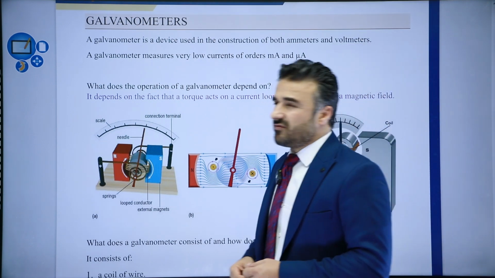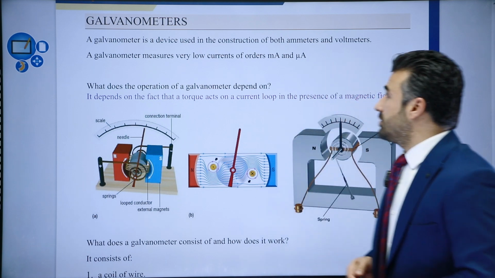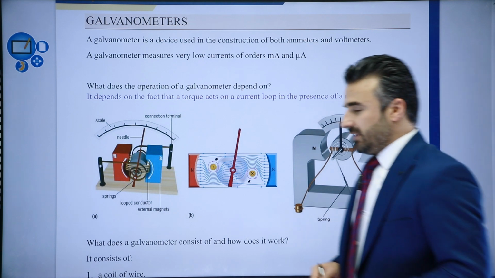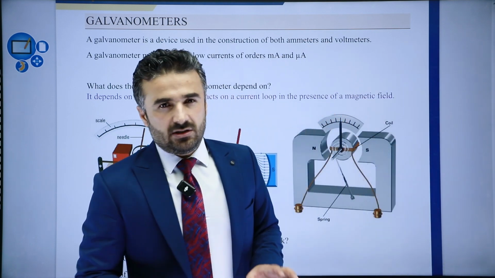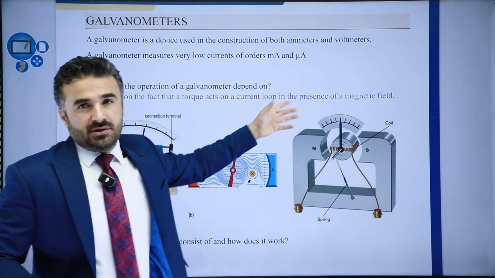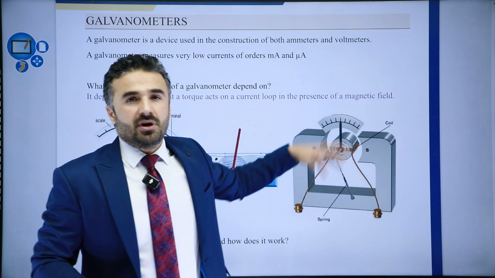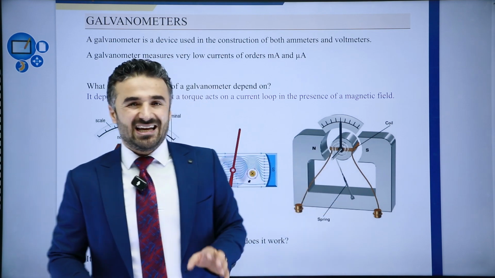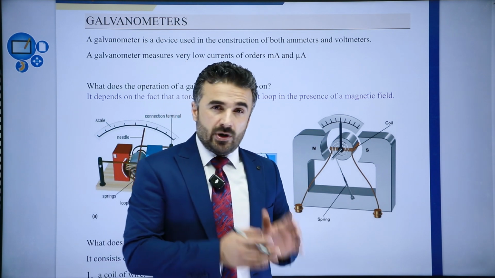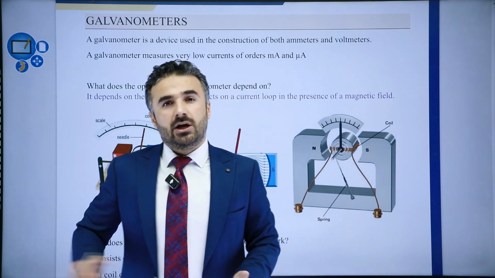A galvanometer is a device that is usually used in the construction of both ammeters and voltmeters. Now, something very important you need to know is this. Galvanometers normally measure very low currents, on the order of milliamps or microamperes.